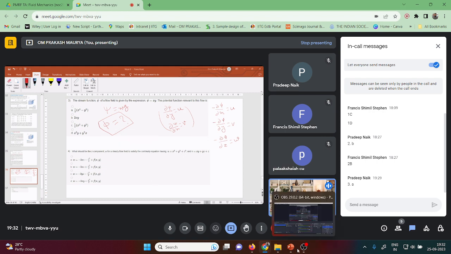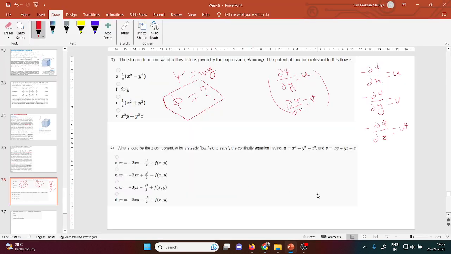And question 4 is also very, very important. Actually, what is given? You know the velocity having the 3 components, u, v, and w.